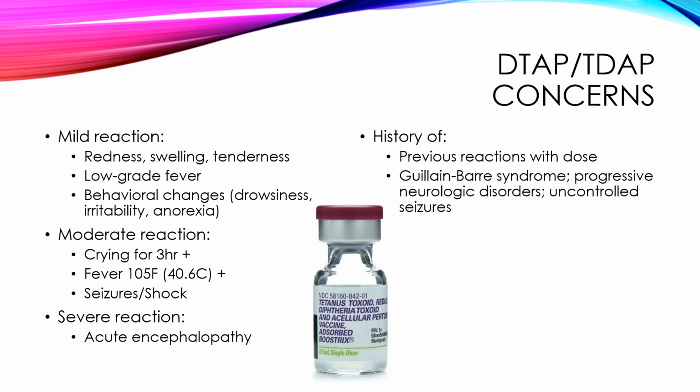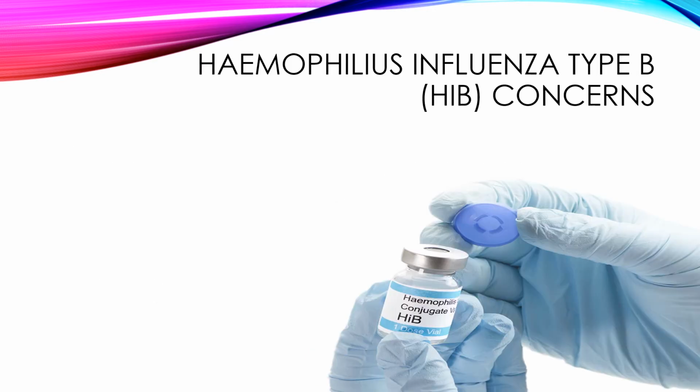If they have Guillain-Barré syndrome, any progressive neurologic disorders, or uncontrolled seizures, then perhaps they should not get this version. There is tetanus available without the diphtheria and pertussis, and sometimes they can tolerate that a little bit better.